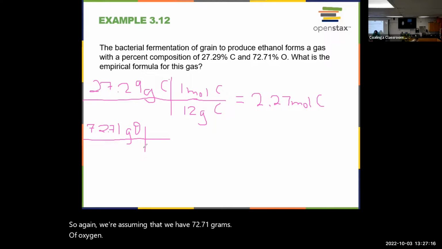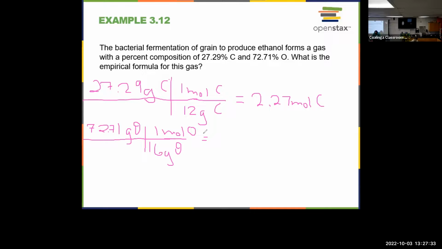Oxygen weighs 60. 4.5. We have the mixed equation for this. 4. Okay. How many do we have for 3?